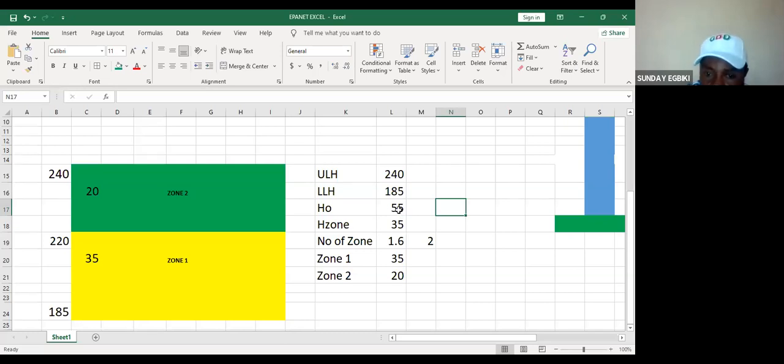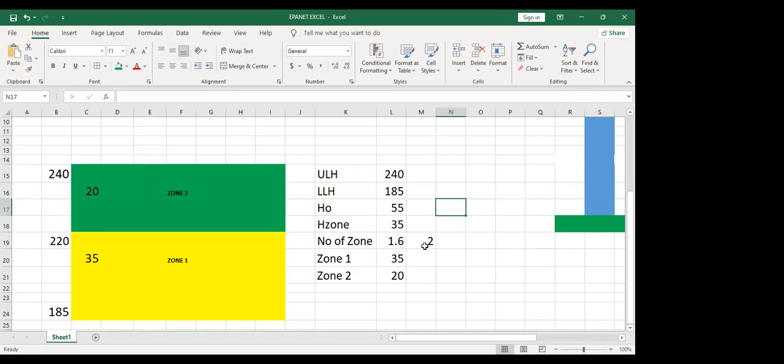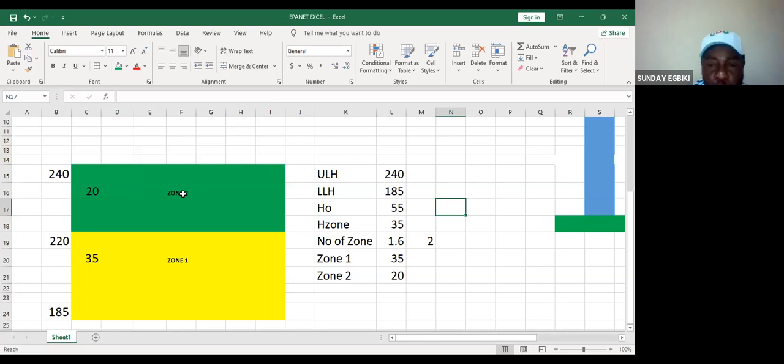Now, to get the number of zones, you divide this 55 by this 35. When you do that division, you are going to have 1.6. A zone cannot be half, so you just adopt 2. When you adopt 2, this one will be zone 1, this one will be zone 2.